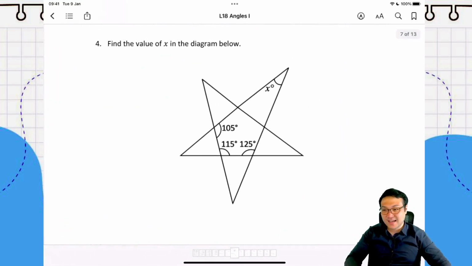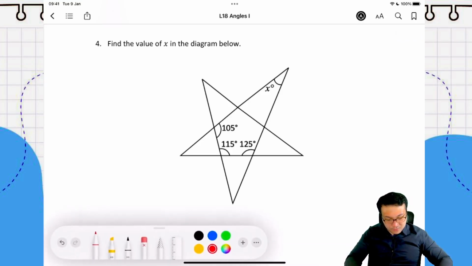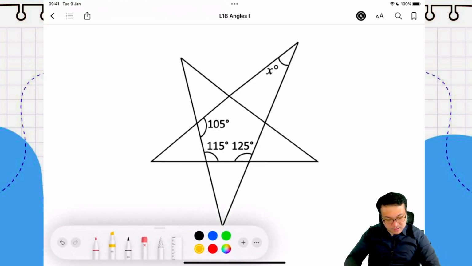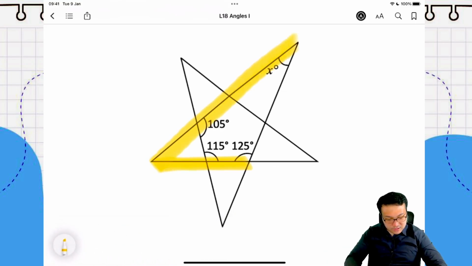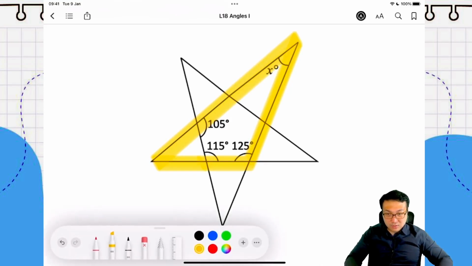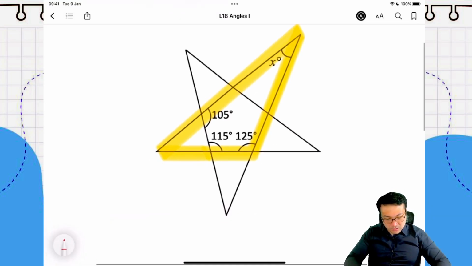Oh, there's a star. All right, students. So they're asking us to find the angle X. So let's see. We notice that angle X is part of this triangle. Okay, it's part of this triangle, right?